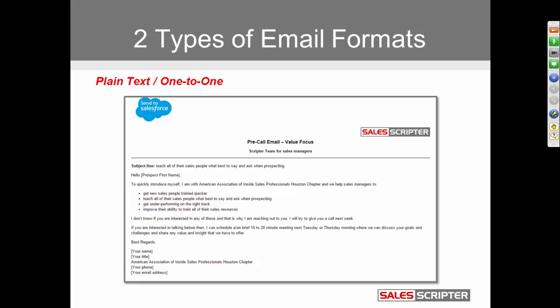What I would encourage you to do when you use this format is to really make it look like it's one-to-one. One of your goals when you're sending prospecting emails is to avoid your email being deleted immediately. A lot of people want to design their email so that it gets read and acted upon. Well, another way to go about it is to design my email so that somebody doesn't look at it and in 2 seconds hit delete.